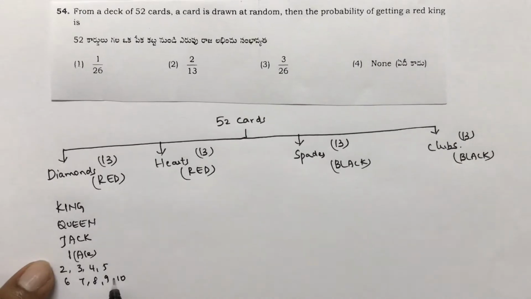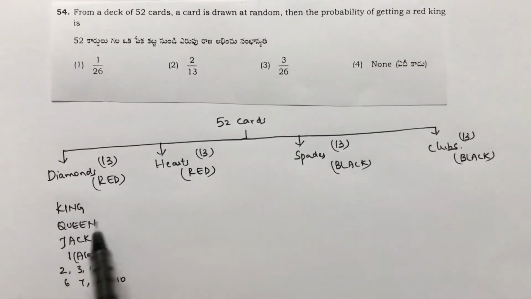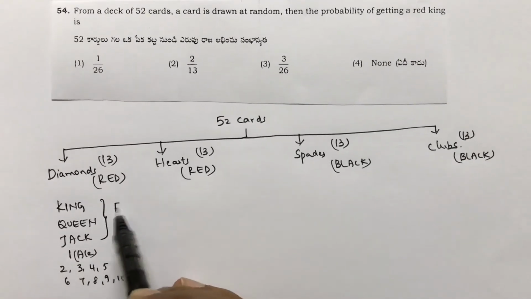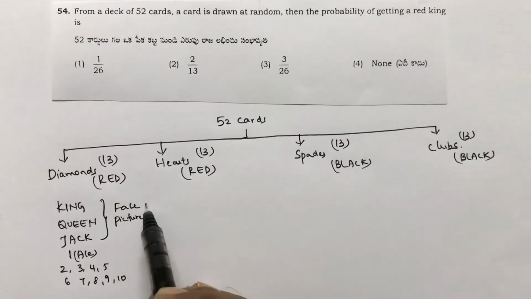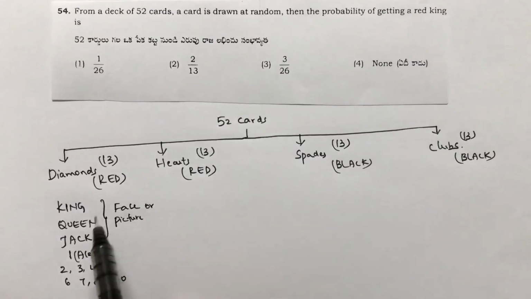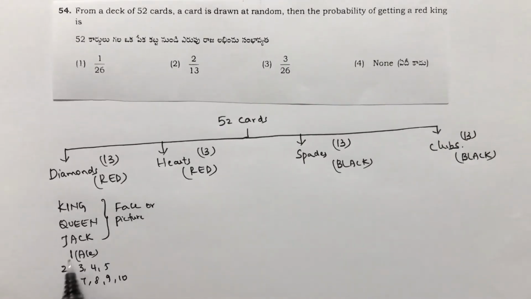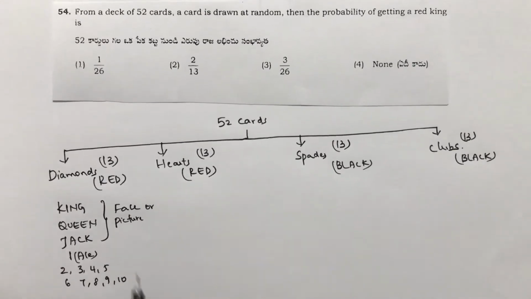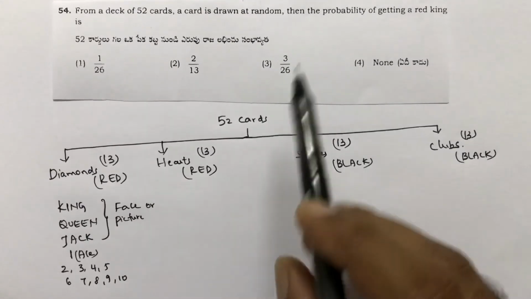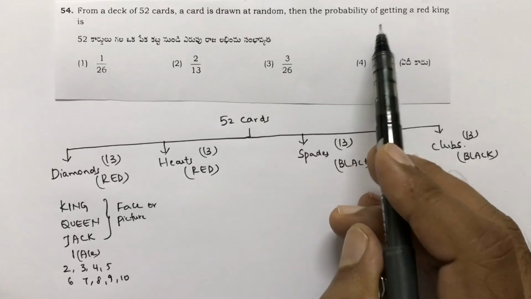So 10 number cards, and 3 we'll call face cards or picture cards. In all 4 suits it will be the same: king, queen, jack, and 1 we'll call ace.